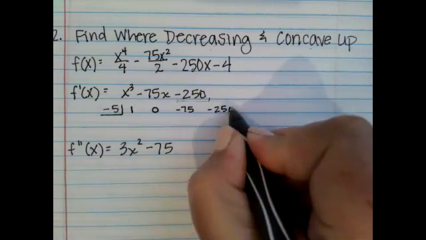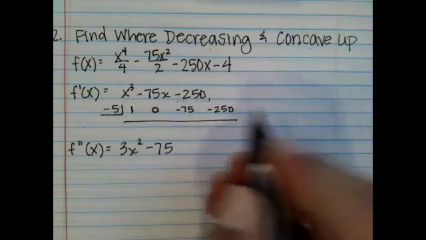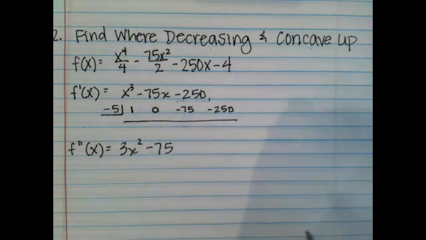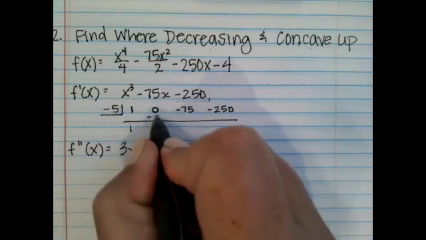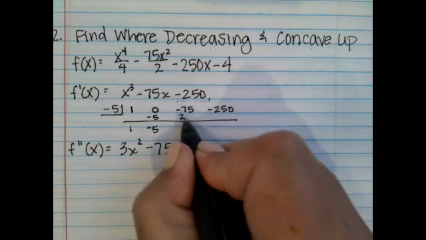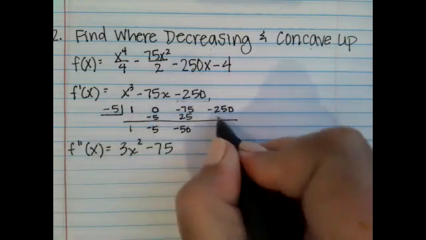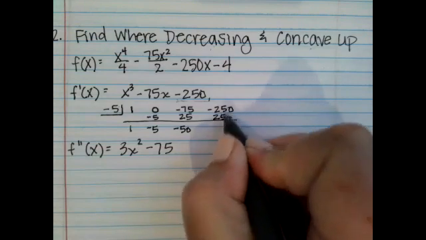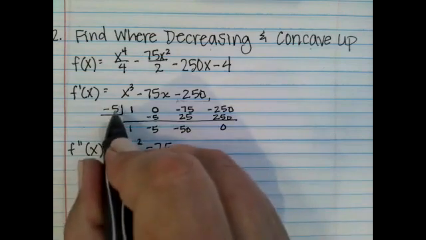And then I'm going to put my little line here, and again, if you're not familiar, synthetic division is pretty cool. So you drop down that first, and then multiply, so that's negative 5, and then add, and then multiply, so that's a positive 25, and then add, and then multiply is a positive 250, and then add. And because you get a 0 here, that means that this was a factor.